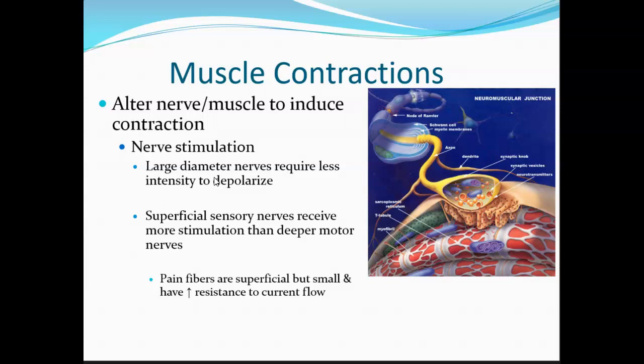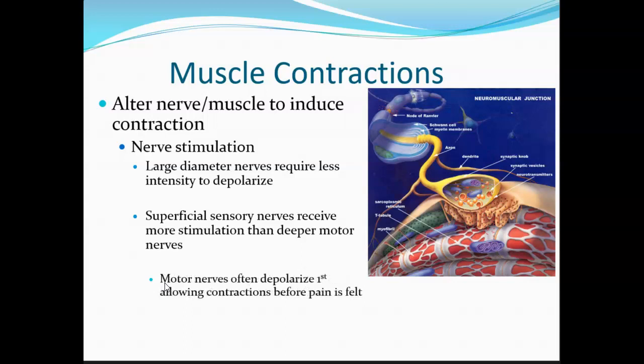And then as the larger nerves, or deeper nerves, need a little bit more stimulation, as we turn the intensity up, we know it goes deeper. But then I think I even mentioned this a little bit. Yes, pain receptors and fibers, C fibers, they're superficial, but typically they have a little bit higher resistance to current flow. And so we definitely get sensory activation first.